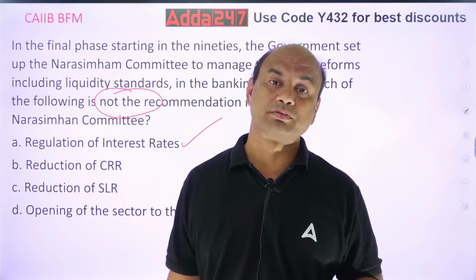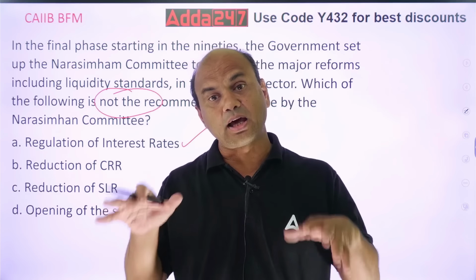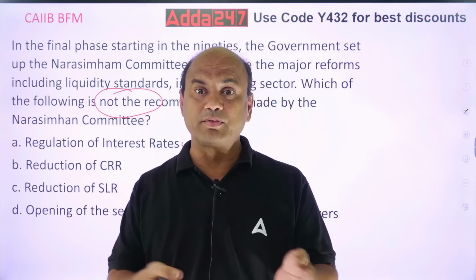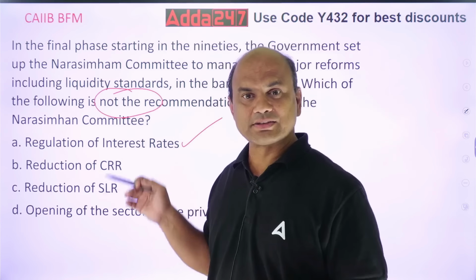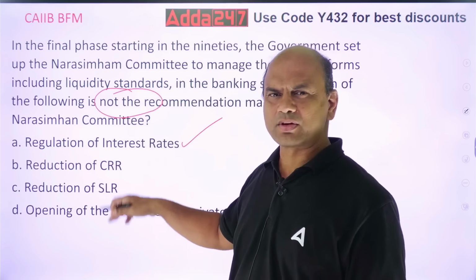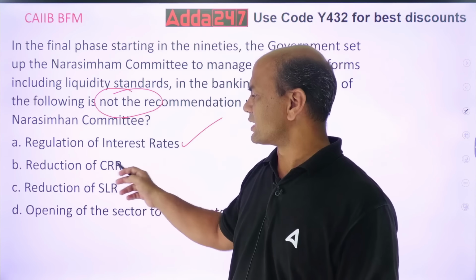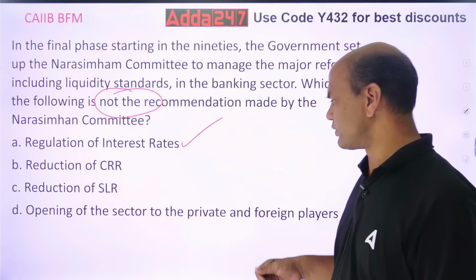Loan rates were given, but FD rates also by RBI. RBI literally gave the loan rates and FD rates to the banks. So the committee was against this, and this was not the recommendation. The remaining three were the recommendation: reduction in CRR, SLR, and opening of the sector for private banks.